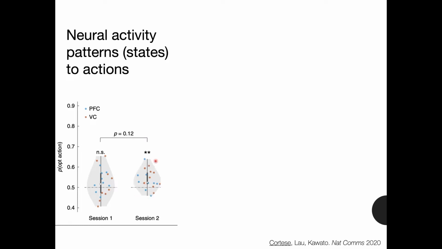But already from the 2nd session, which in terms of the experiment itself is identical to the first session, we start to see that overall participants become better. And so this means that, although this is a small effect, the brain is able to pair these neural activity patterns to an output, to an action, in order to get rewards.